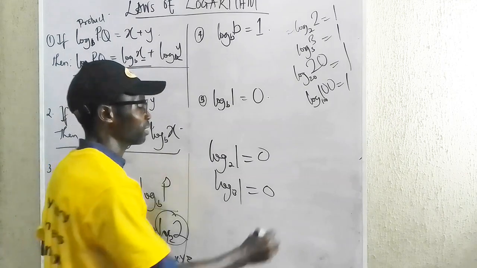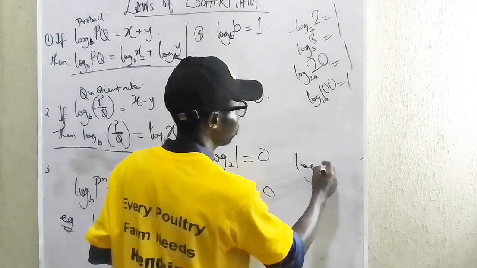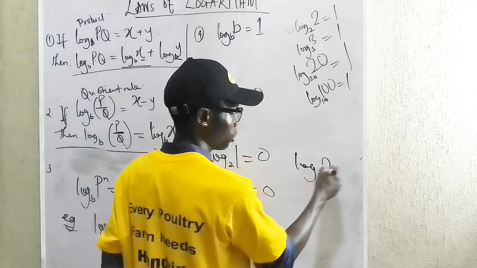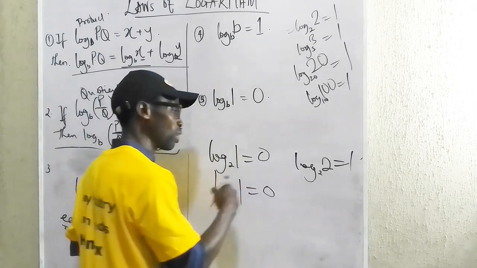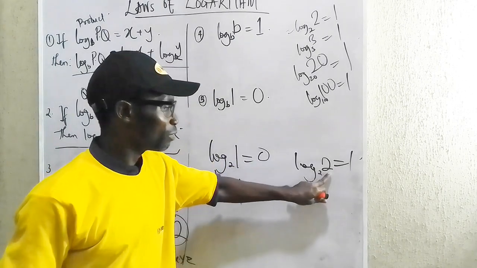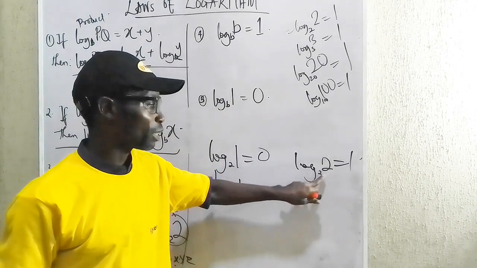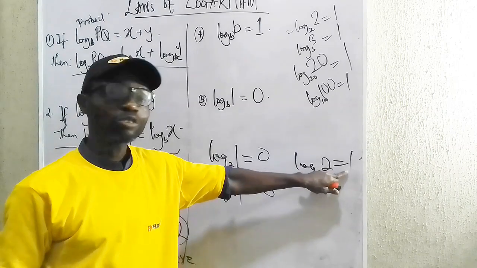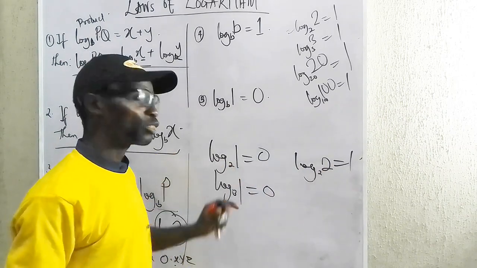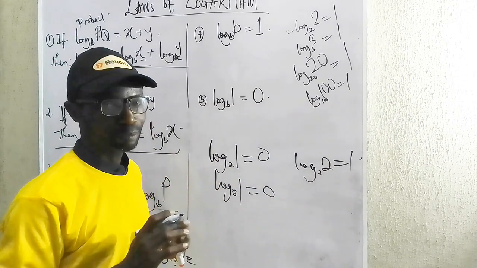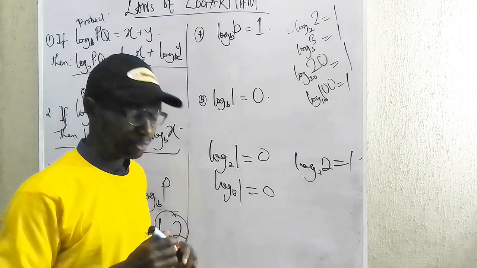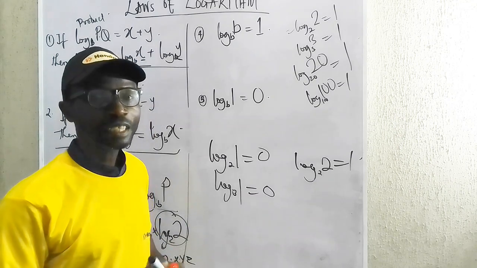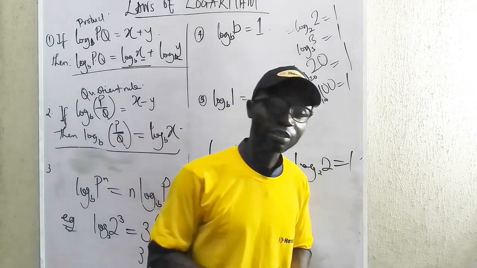But if it is log 2 in base 2, if the number and the base are the same thing, it's going to be 1. On the other hand, if it is just log of 1, it is equal to 0.